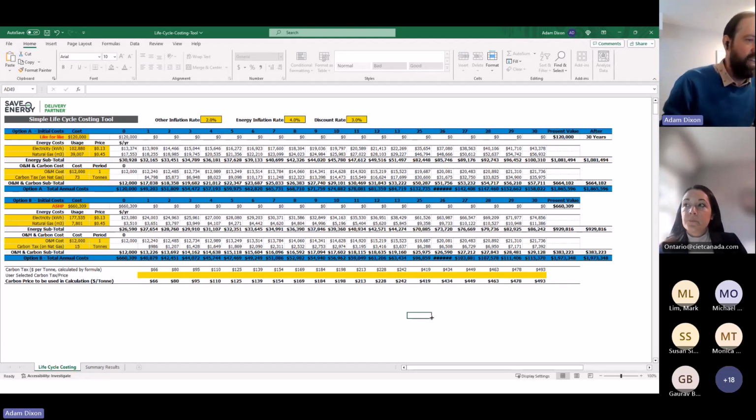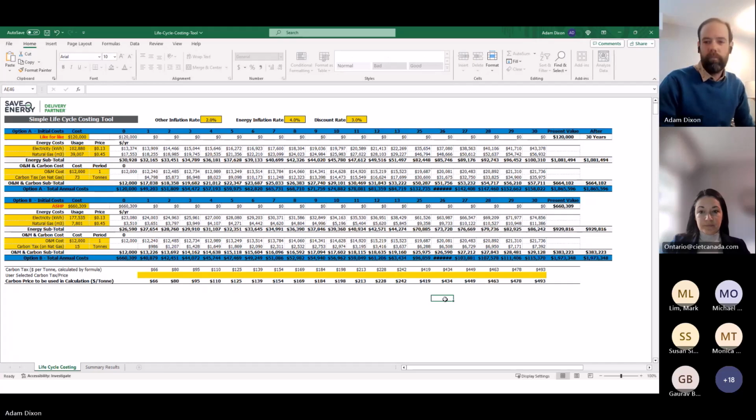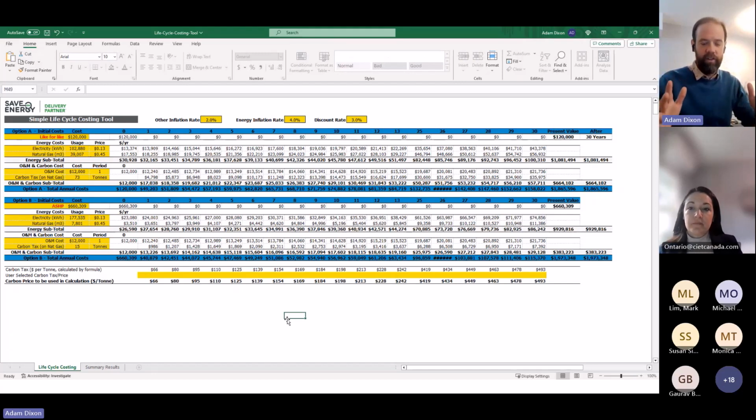Things like that can be worked in, and you can build up a basket of projects. You can build up multiple HVAC systems, you can do lighting, you can do your hot water heater, and build those all up over time, and see them individually or as a group of projects. So it's just a little more customization to your exact situation. That should be available to you shortly, and again, we will have more training. I think there's some planning for exclusively life cycle costing training in the near future.